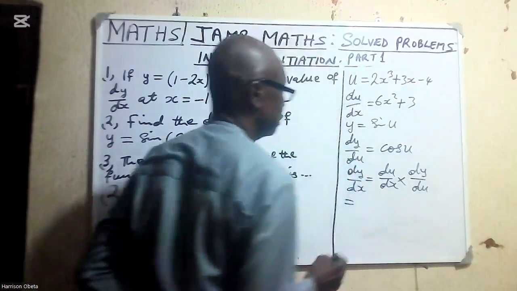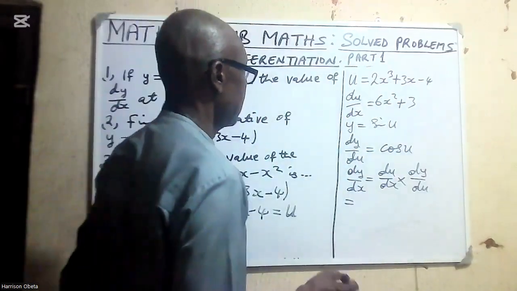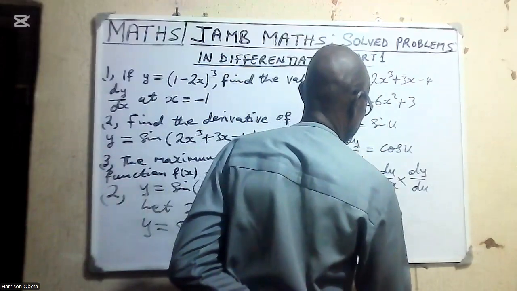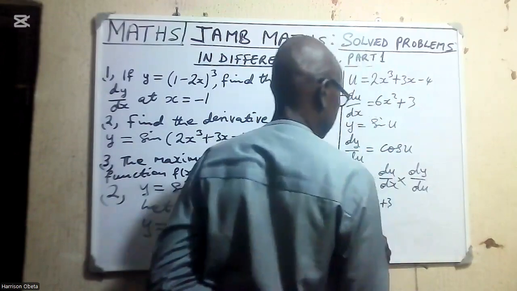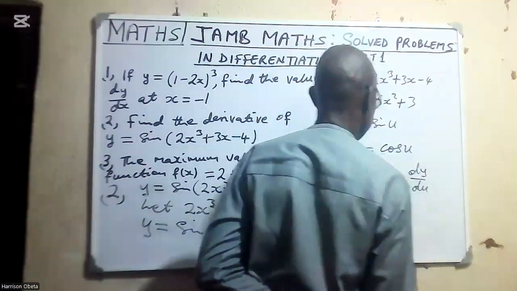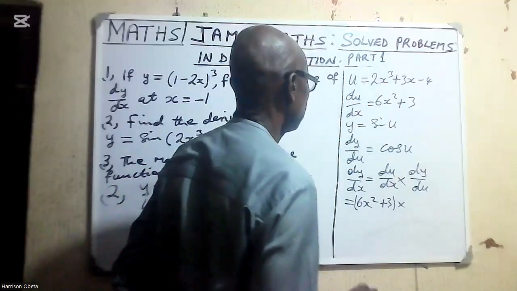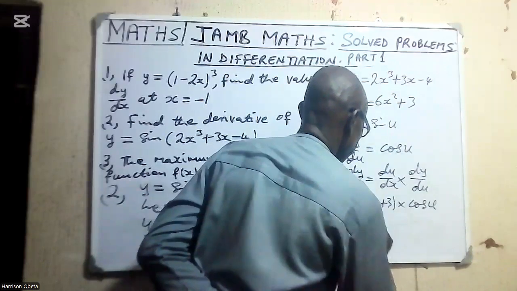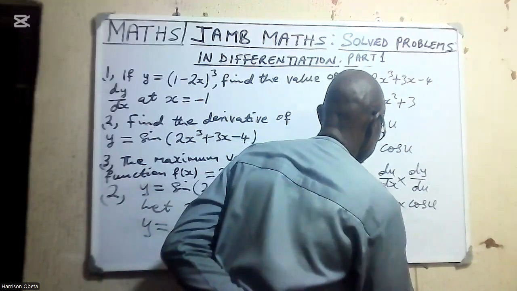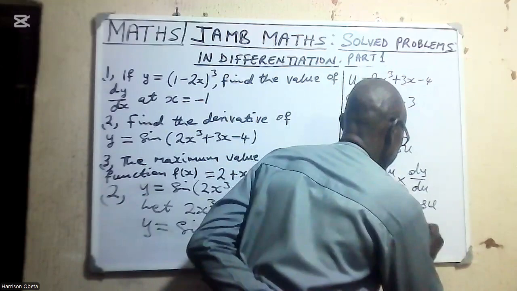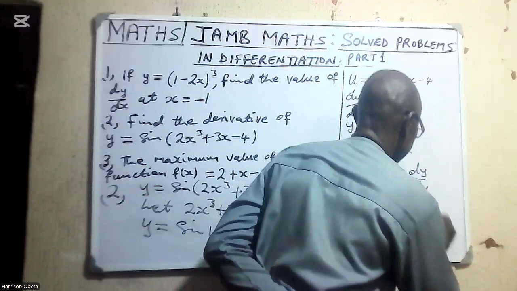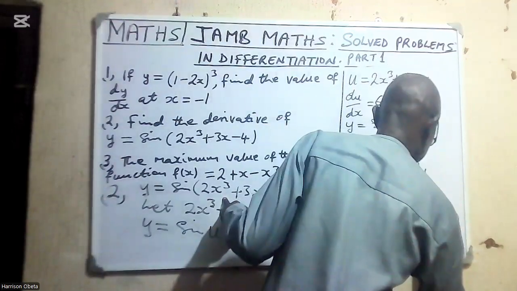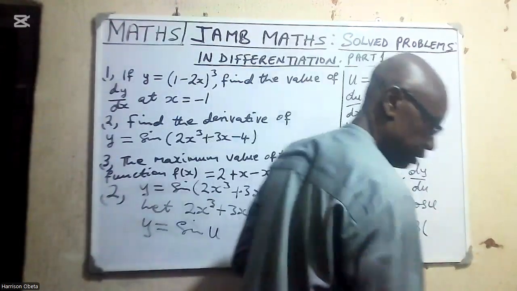And that is the same thing as du/dx is 6x squared plus 3, multiplied by dy/du which is cos u, which is equal to 6x squared plus 3, then cos brackets, you replace the value, 2x raised to power 3. Let us come back and write it well.